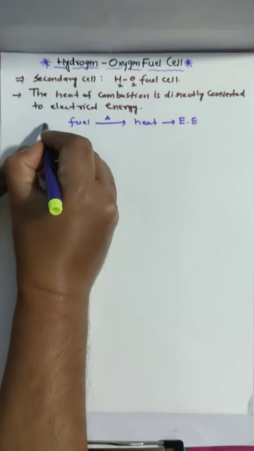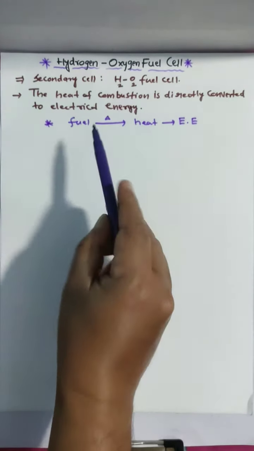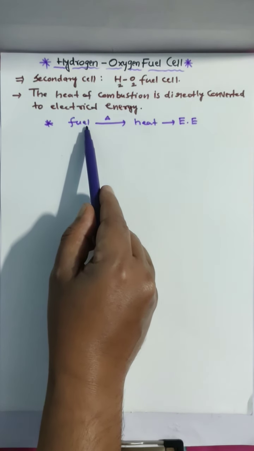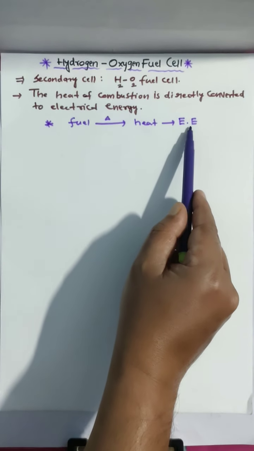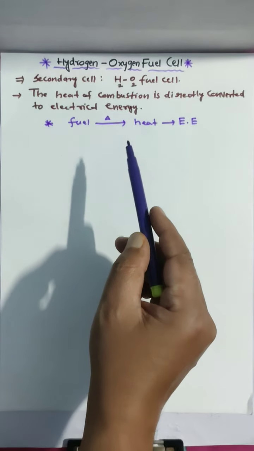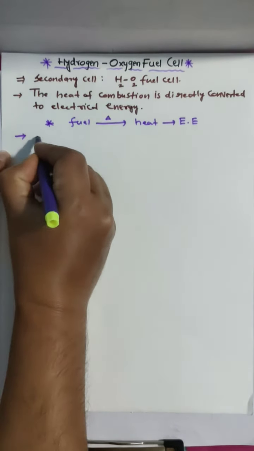That is what we call heat of combustion. Combustion is nothing but burning. When we burn any fuel, it releases heat energy, and that heat energy is converted to electrical energy directly. Clear?